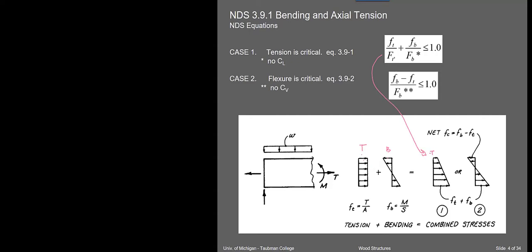And here, if the compression due to the flexure is greater than the tension, then I end up with compression up here, right? And if I have that compression, then I've got to consider the lateral buckling and whatnot, and that is what that formula is supposed to describe. Okay, so that's why there's the two formulas.